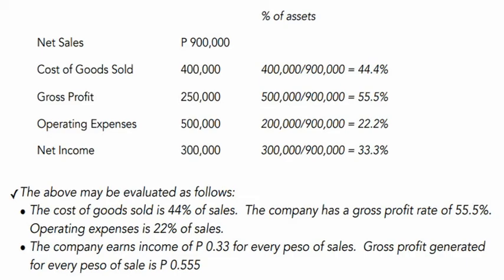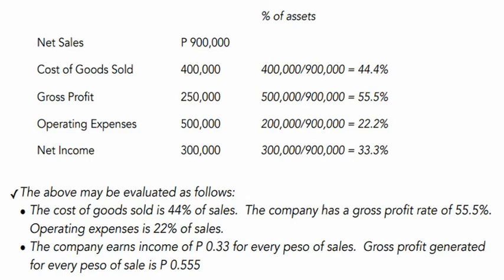So, therefore, the company earns an income of 0.33 for every peso of sale, which means sa bawat piso na mabebenta, ang kinikita mo doon is 33.33 cents. Okay?